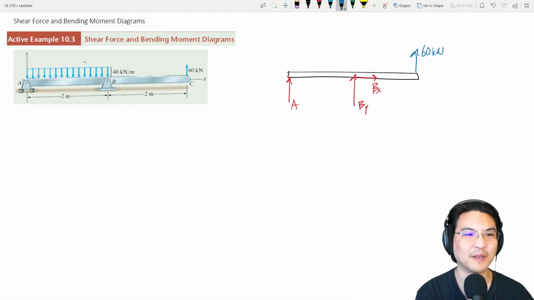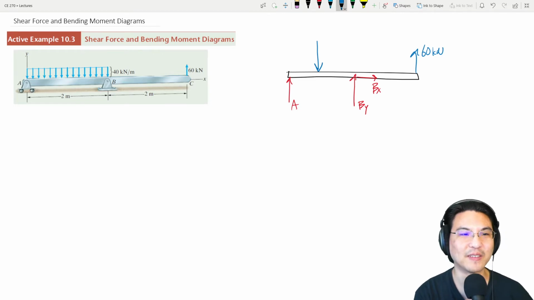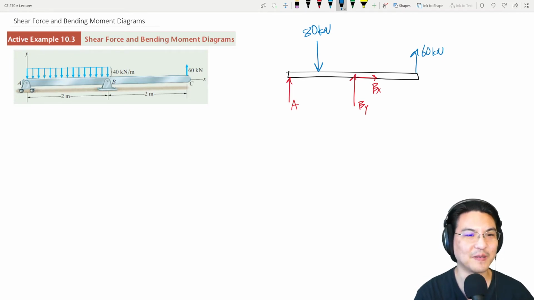And then the distributed load, which we can represent as a single discrete force. The magnitude of that force is the area of the shape, so 40 times 2, 80. And then the position of that force is at the centroid of the shape. It's a rectangle, so it's just in the middle of the rectangle, halfway.